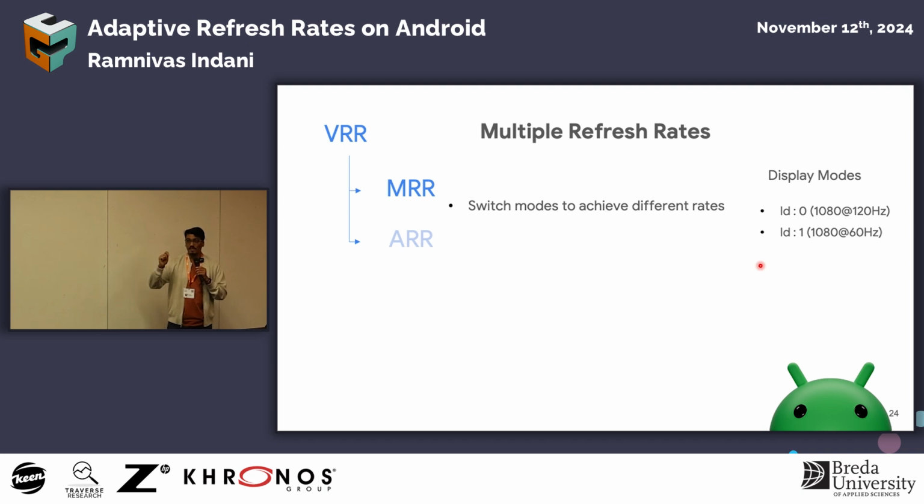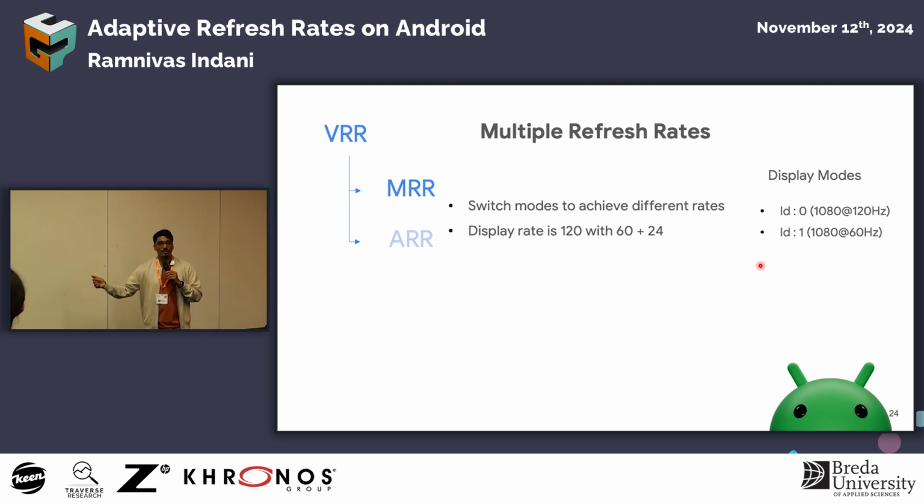Once the refresh rate selection is done, Surface Flinger makes the request to the hardware: we have a refresh rate change and you need to change to the mode that supports this refresh rate. In our case, it will send the signal that I need the mode with a 120 refresh rate, because 60 plus 24 resulted in 120 that we can run at.